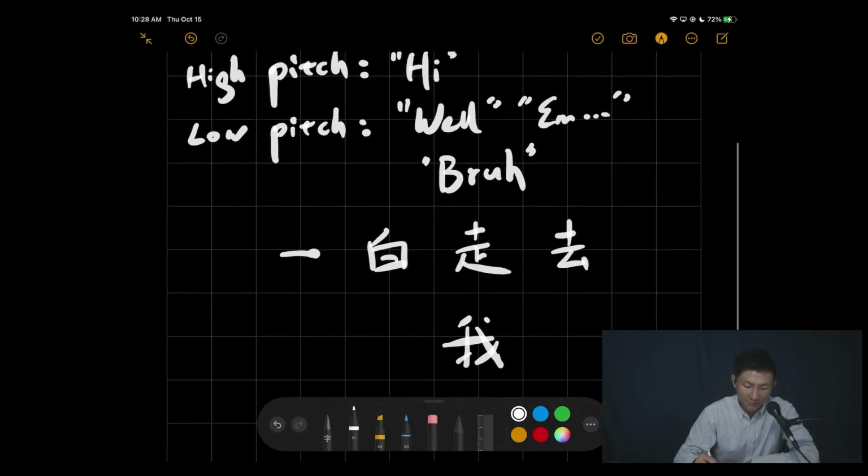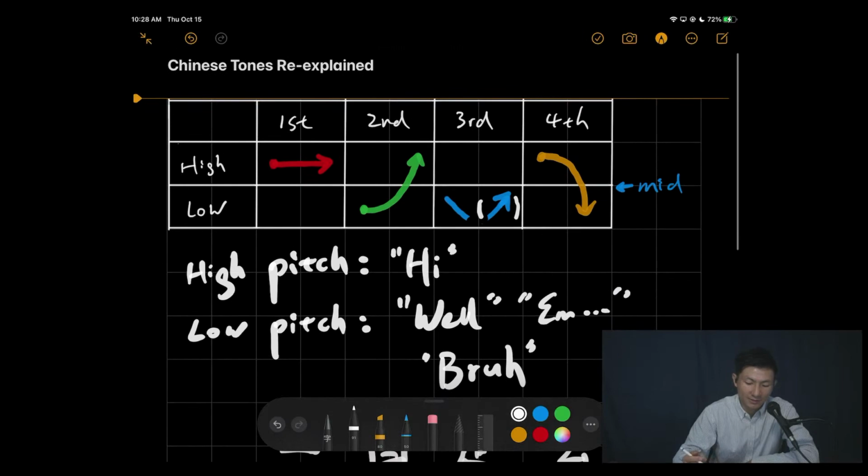So when you're putting everything into context, the difficult part is that you have to be resetting the pitch accurately for each new sound, for each syllable, basically. So after saying 我, you have to jump right up to the highest and go for the 是, because you have to start here.